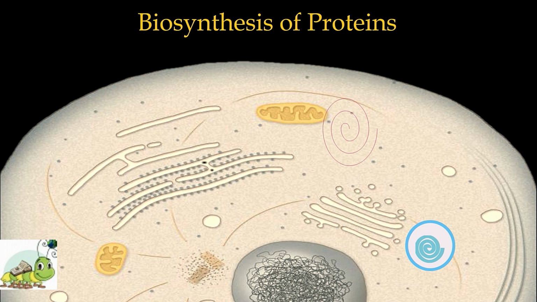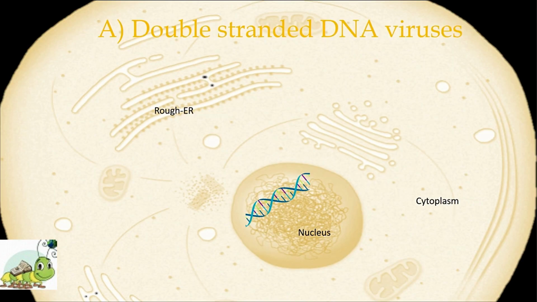The means by which various classes of viruses accomplish these steps depends on the structure of the genome and the site of replication. Today I am discussing DNA virus replication, and RNA virus replication I will discuss in the next lecture. DNA viruses are also of two types: double-stranded DNA virus and single-stranded DNA virus. I am starting with the double-stranded DNA virus.